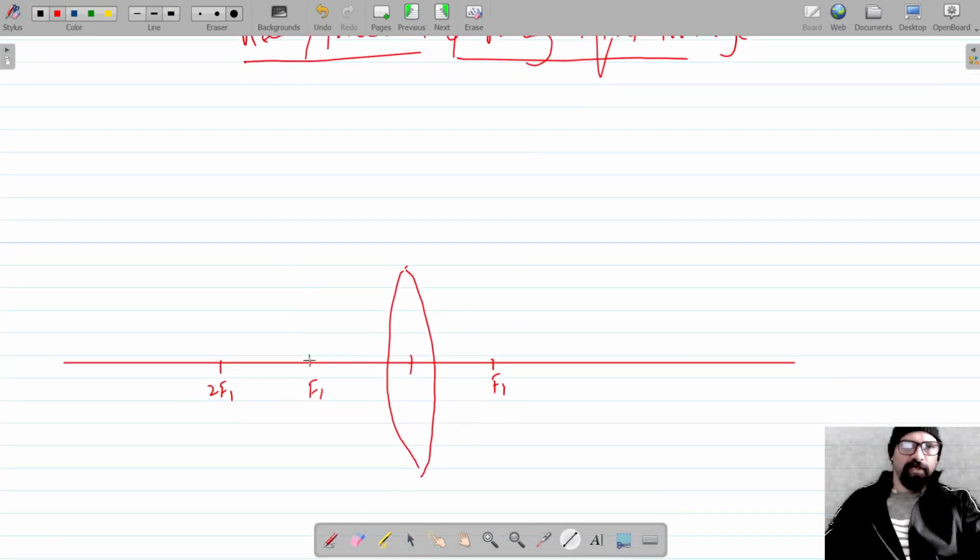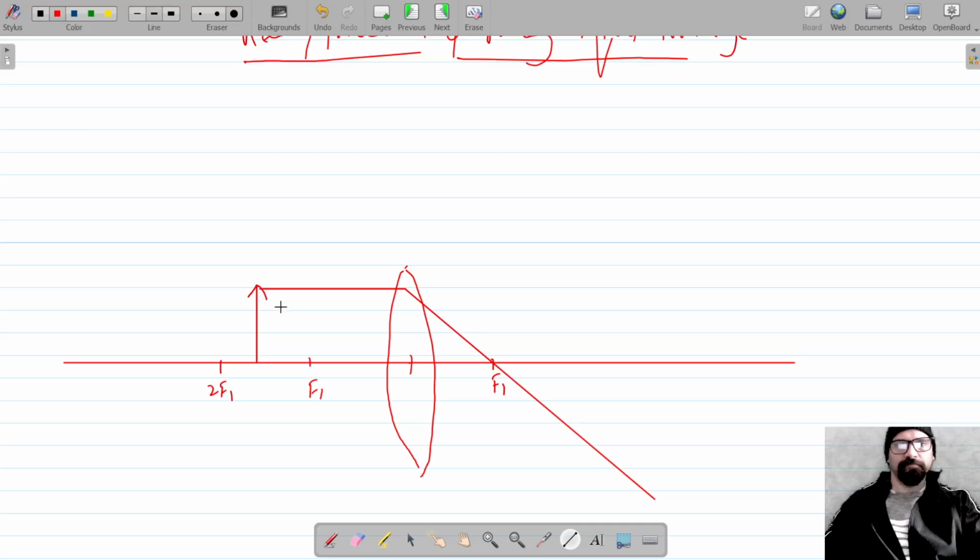So the object should be between f and 2f1. So let this be the object between f and 2f1. So this is the case when we have the real, inverted and magnified image.